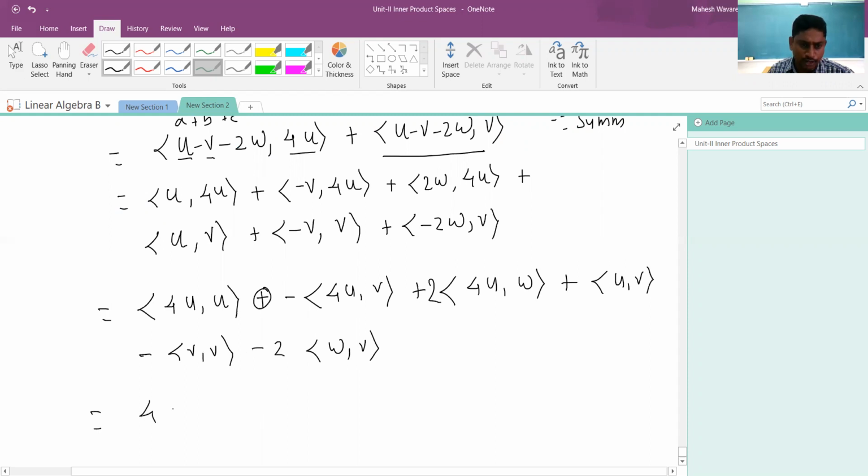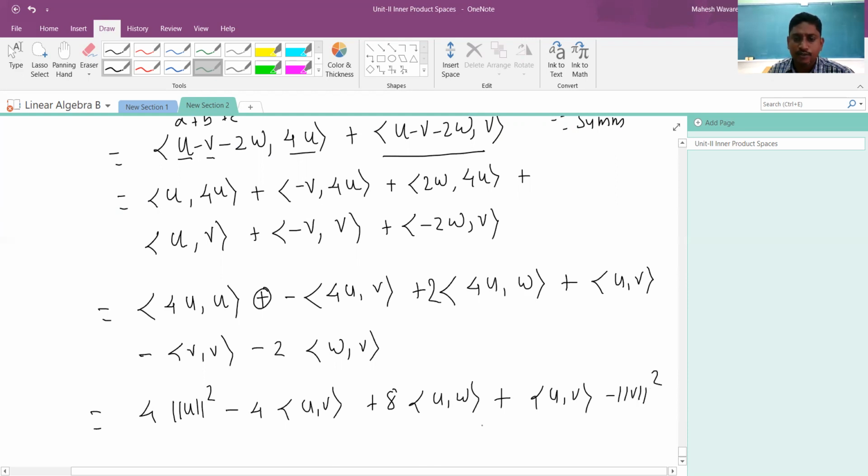So the inner product u comma u is norm of u squared. This -4 can be taken out. 2 into 4 is 8, u comma w, plus u comma v, minus norm u squared, minus 2 times w comma v.